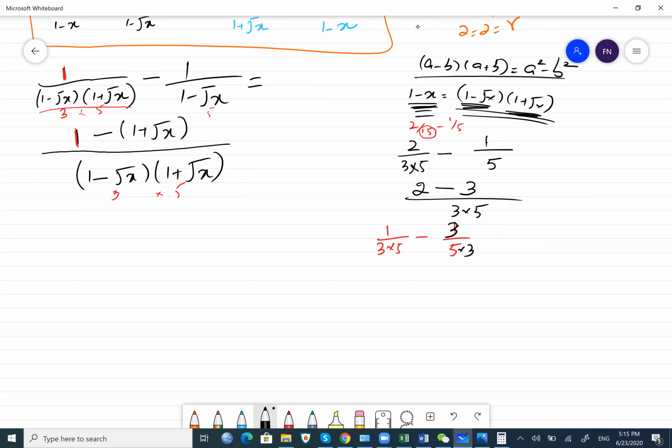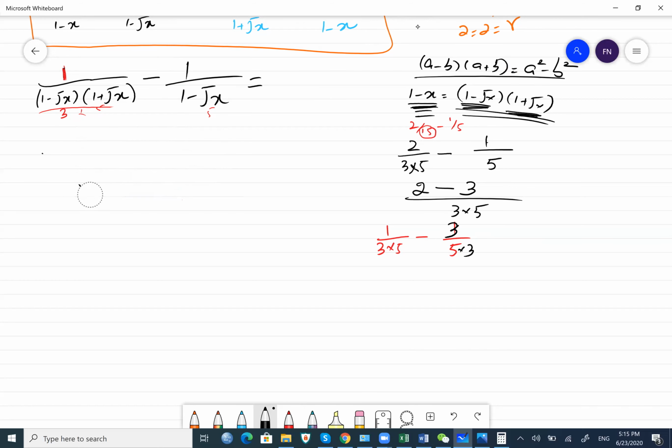Yeah. Understand? Carolina, is that clear to you as well? Okay. Because you need to have the same denominator, the bottom. I did the same thing here. Now follow it in the same pattern. 1 over 1 minus square root of x, that is your 3.